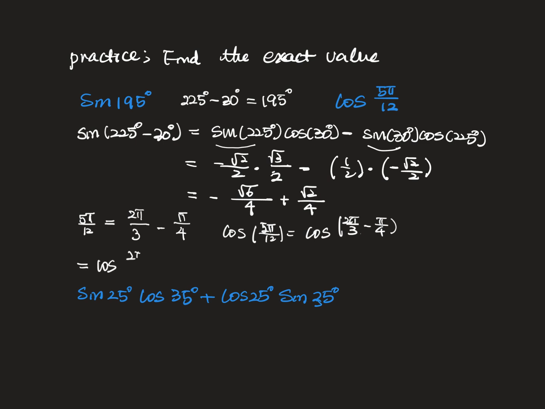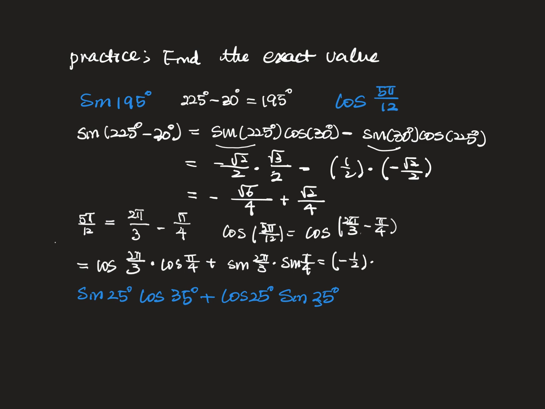Cosine 2 pi over 3, that's the difference formula, times cosine pi over 4 plus sine 2 pi over 3 times sine pi over 4. 2 pi over 3 is second quadrant, that's the negative, okay? Negative 1.5.